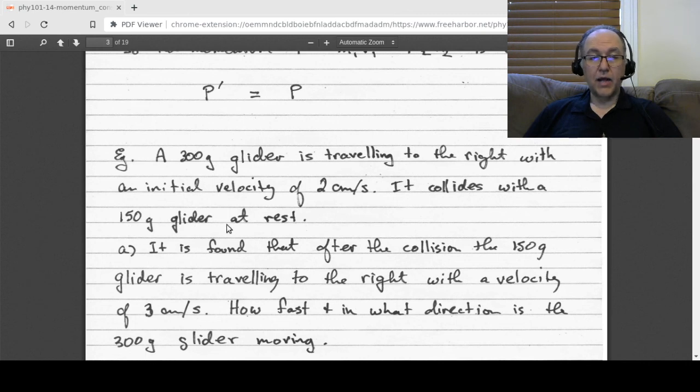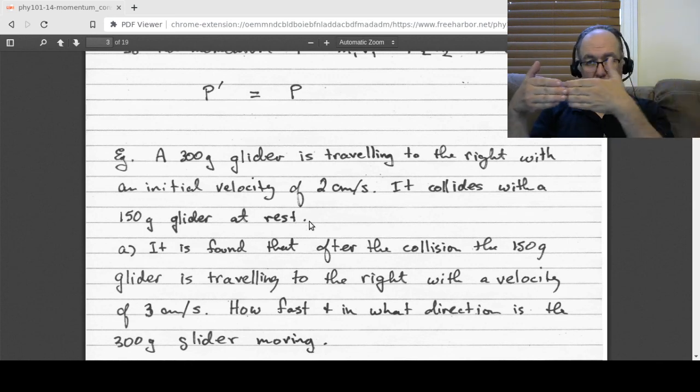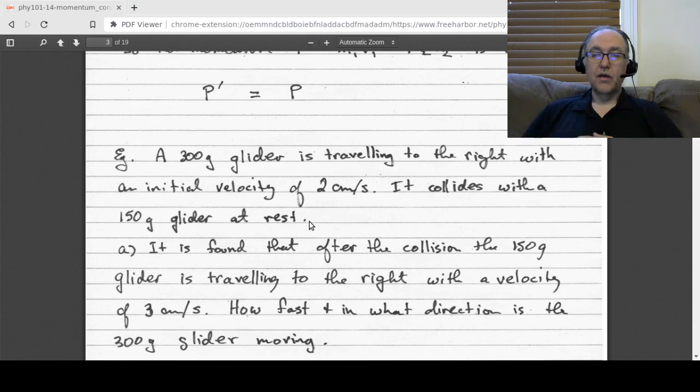It collides with a 150-gram glider at rest. So what you should picture is you have a 150-gram glider and a 300-gram glider, and the two collide with one another. The 150 is at rest and the 300 is moving at 2 centimeters per second. Now I've got a series of questions about the different possible after situations, but this is your before situation.